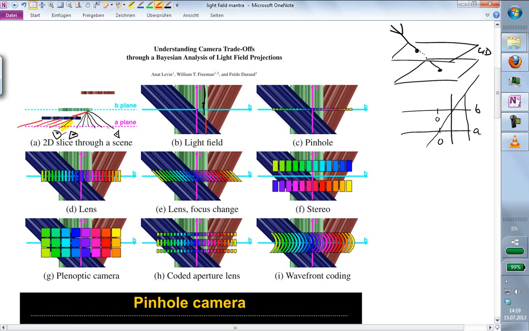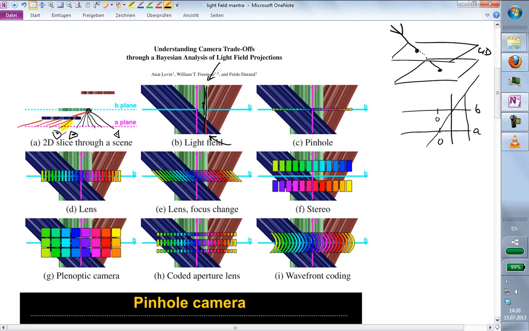So by looking at this bundle of rays that has all intersected the B plane at the identical location here, we have now investigated one particular column of this light field.